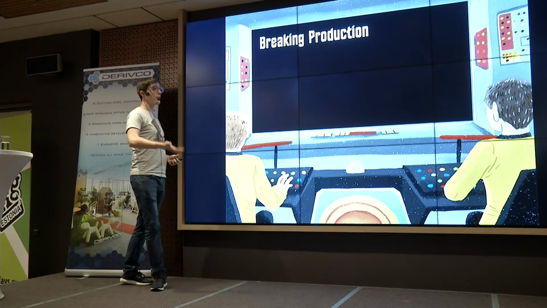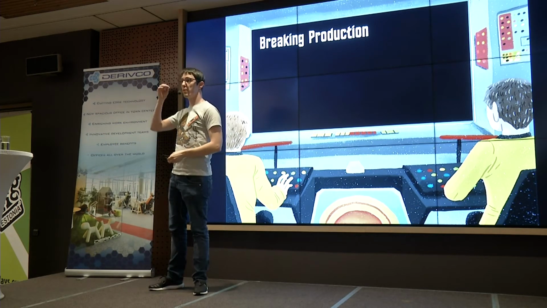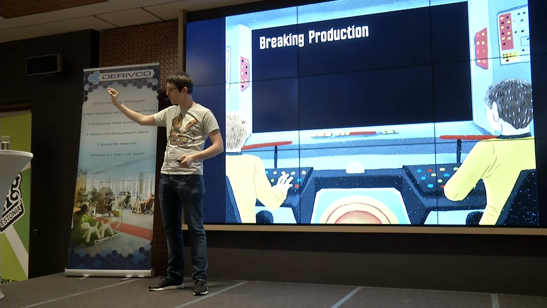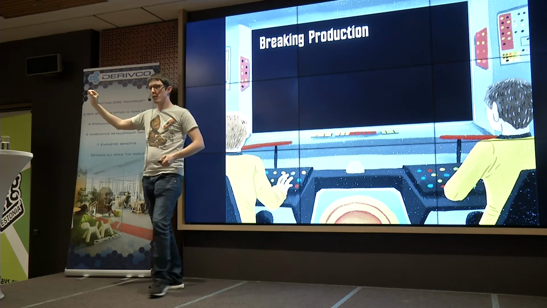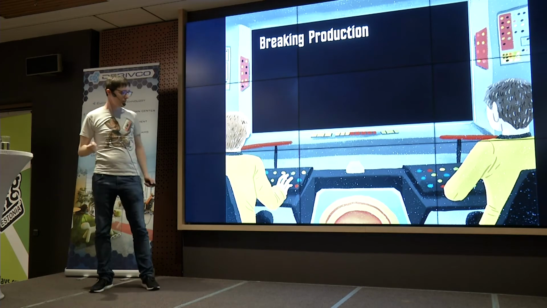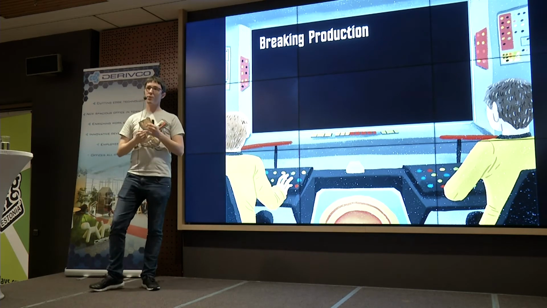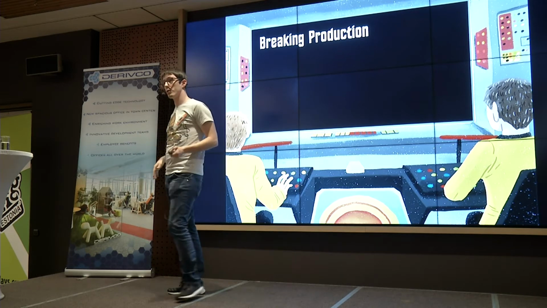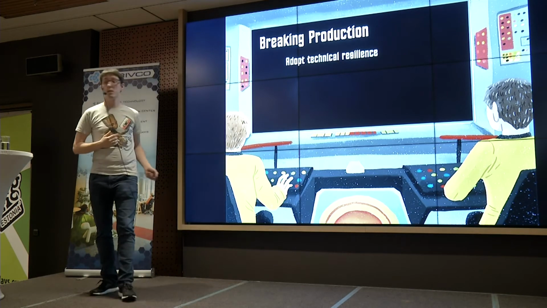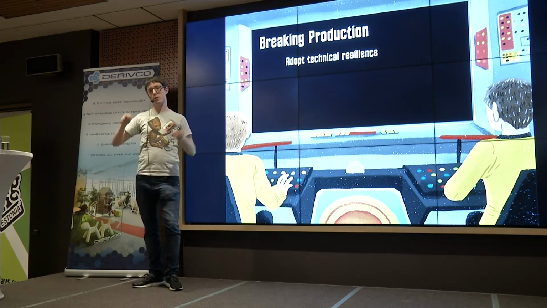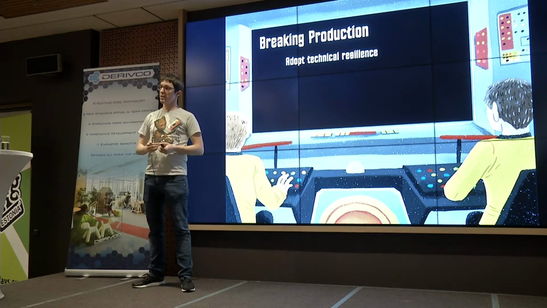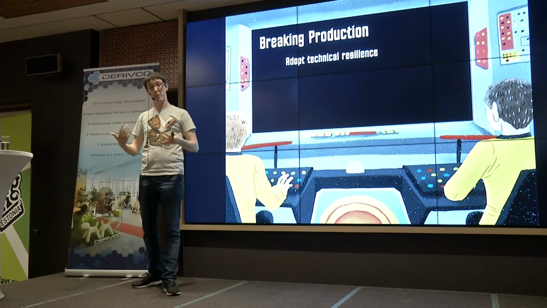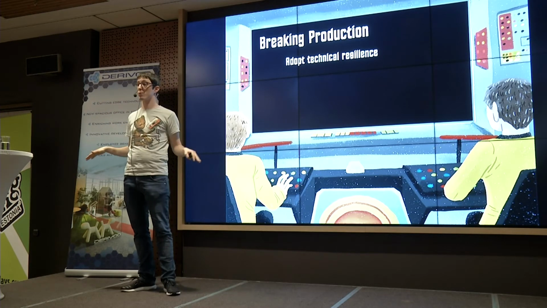When I do that on production, the train of thought is more along the lines of, oh shit, what do I do? And nowadays there are a lot of things you can do to avoid that. One thing that came with the whole cloud computing stuff is the term resilience. So adopt technical resilience. This basically means go to your software architects and learn to build a system in a way that you don't trust anything running.